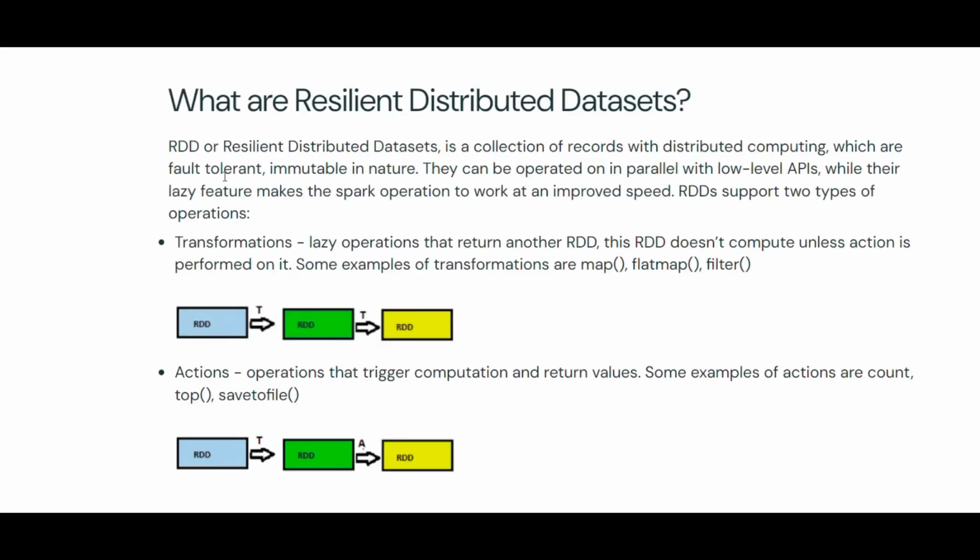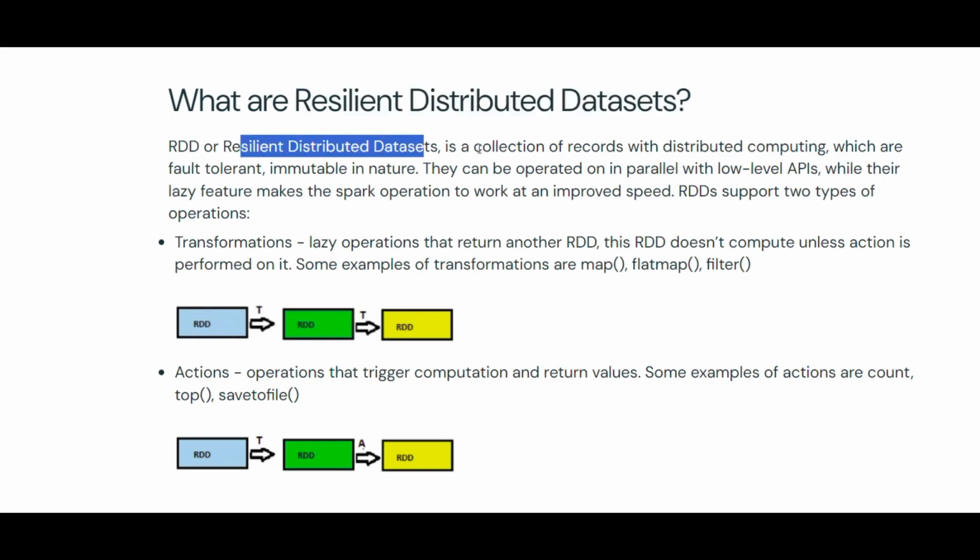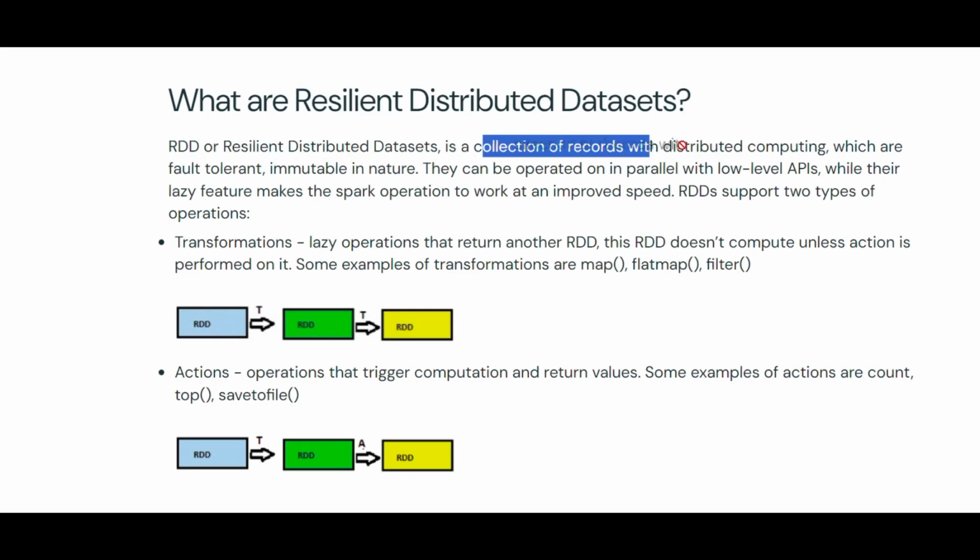So, what are RDDs? RDDs are abbreviated as Resilient Distributed Datasets. An RDD is a collection of records with distributed computing, which are fault tolerant and immutable in nature.